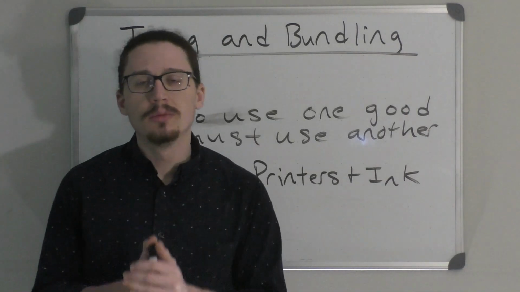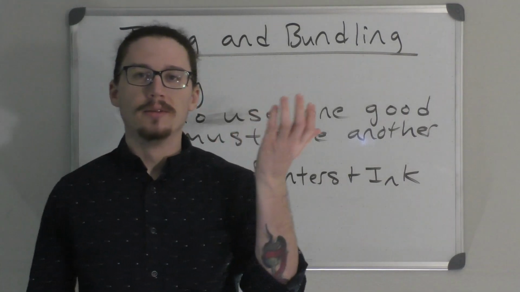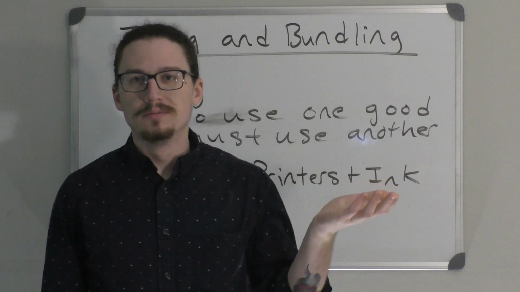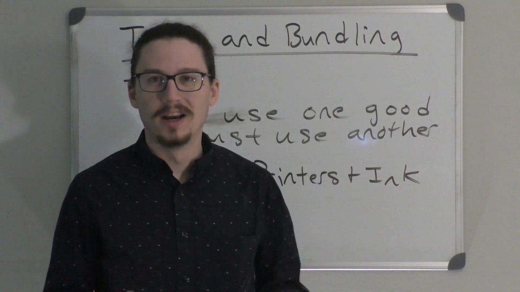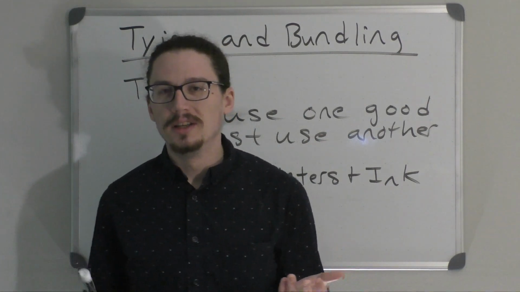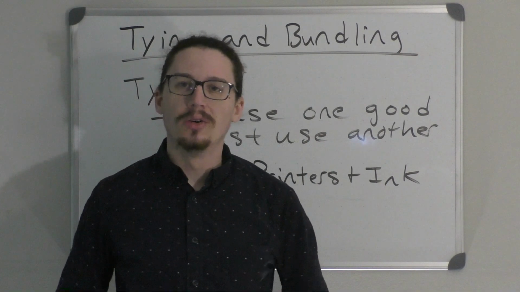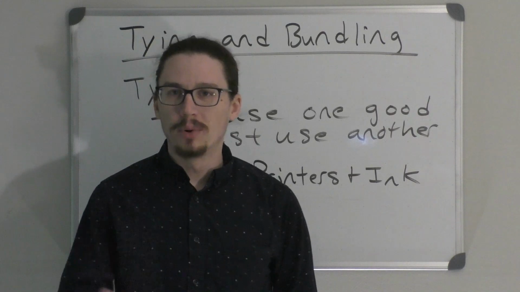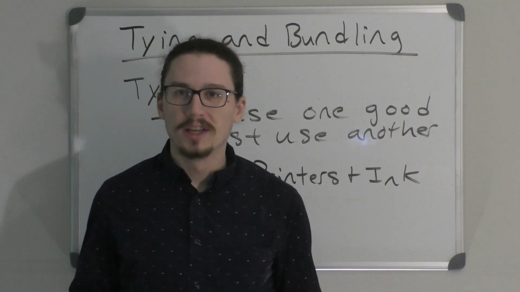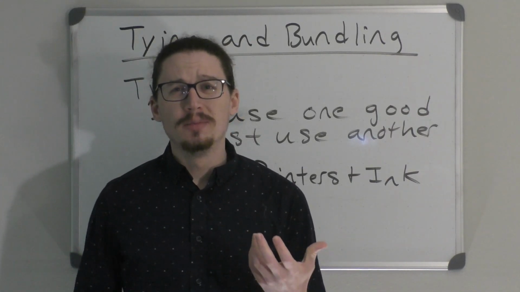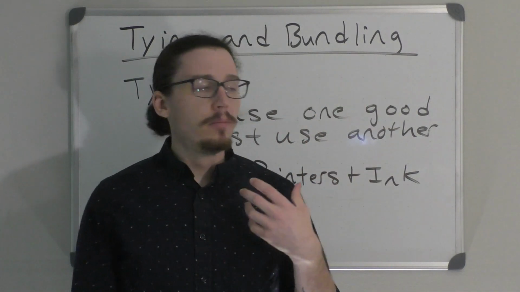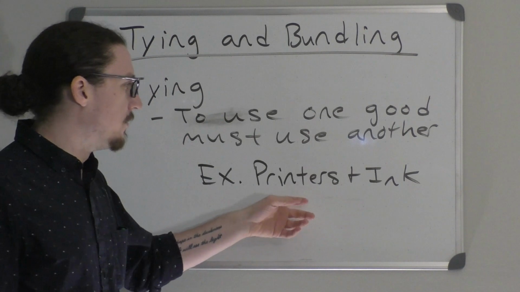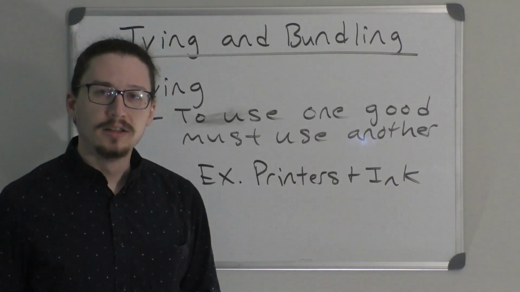The idea here, and why this is tied to price discrimination, is that the different consumer groups here are people that want to print a lot of stuff versus people that don't want to print a lot of stuff. If you don't really care that much about printing all the time, maybe you just want something occasionally, you're not going to be willing to pay a lot of money for a printer.